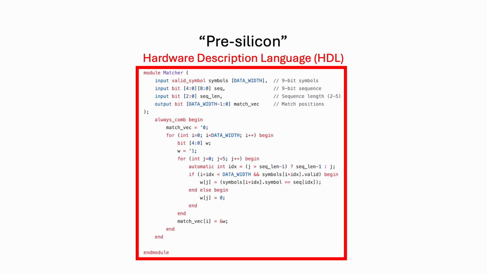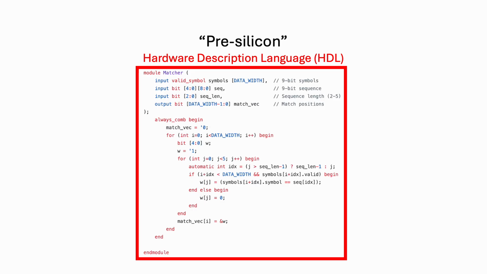So to understand the challenges of verification, it's helpful to go over some basics of hardware design, specifically what a hardware description language is. You can see in this little excerpt here, there's some SystemVerilog code, and this is one of the types of languages that hardware designers use to specify digital logic.